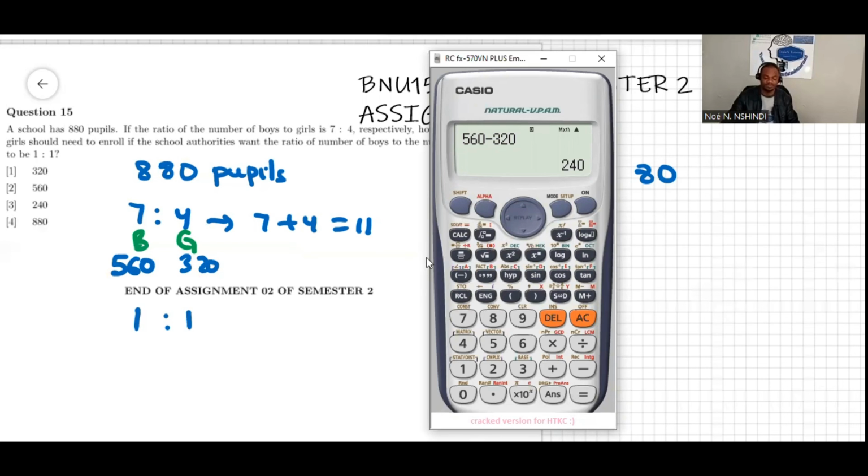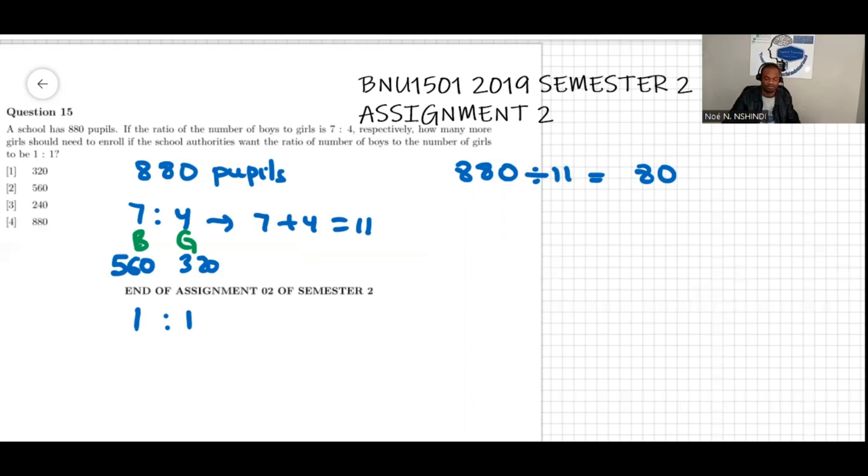So if they enroll 240 girls, the ratio will be 1 to 1. So therefore, the correct answer is alternative 3, 240. Thank you.